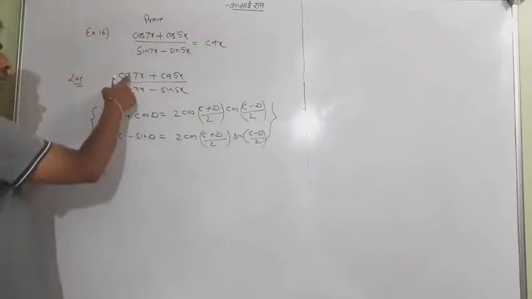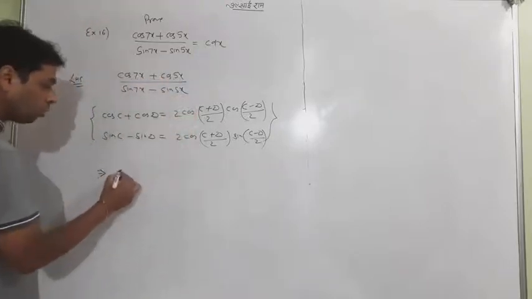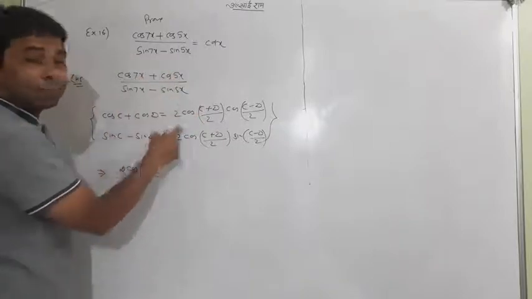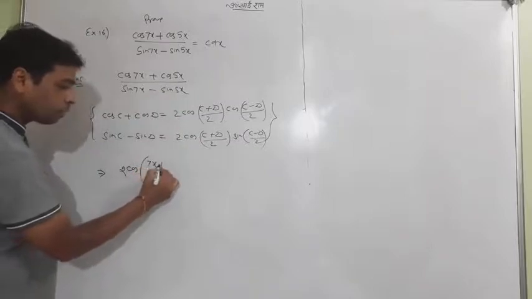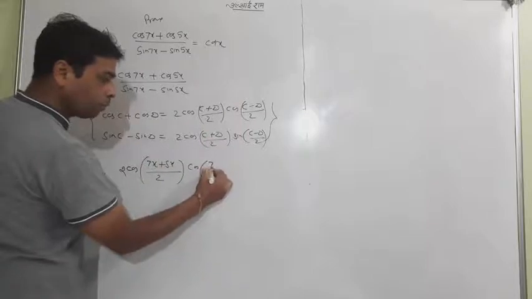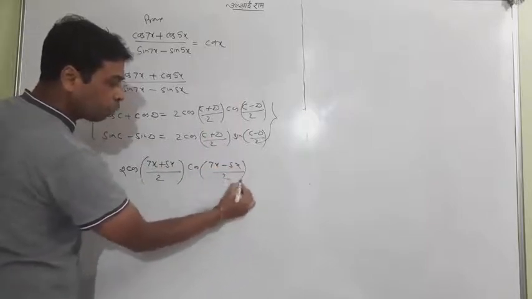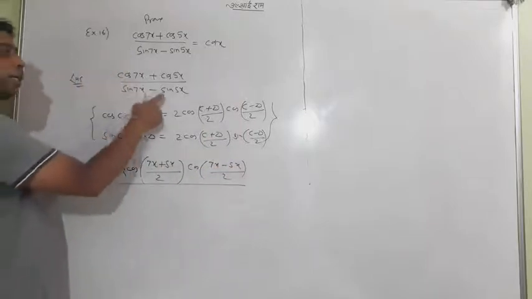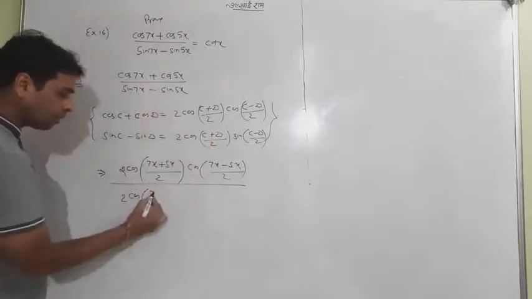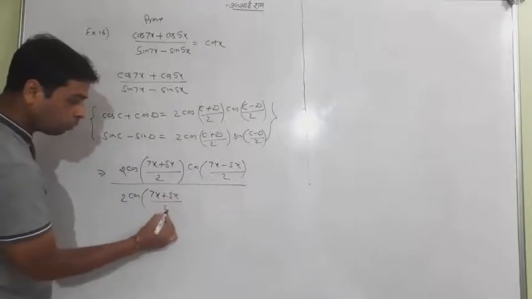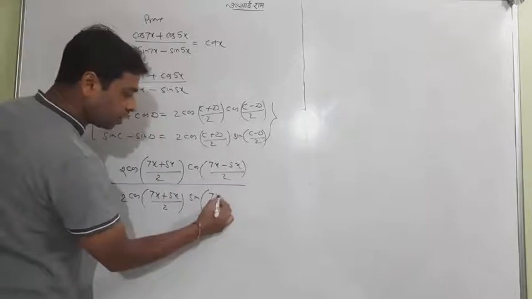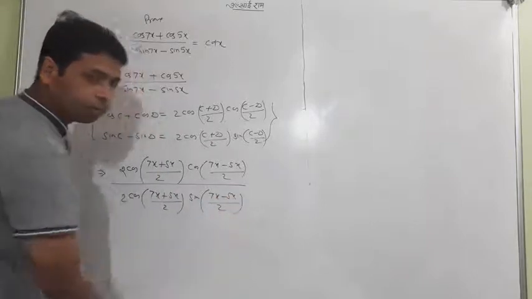Now go through this. Cos C plus cos D is 2 cos, C meaning 7x and D meaning 5x. Look at, (7x plus 5x) upon 2, cos (C minus D) by 2, (7x minus 5x) upon 2, whole upon sin C minus sin D: 2 cos (C plus D) by 2, (7x plus 5x) upon 2, and sin (C minus D) by 2, (7x minus 5x) upon 2.